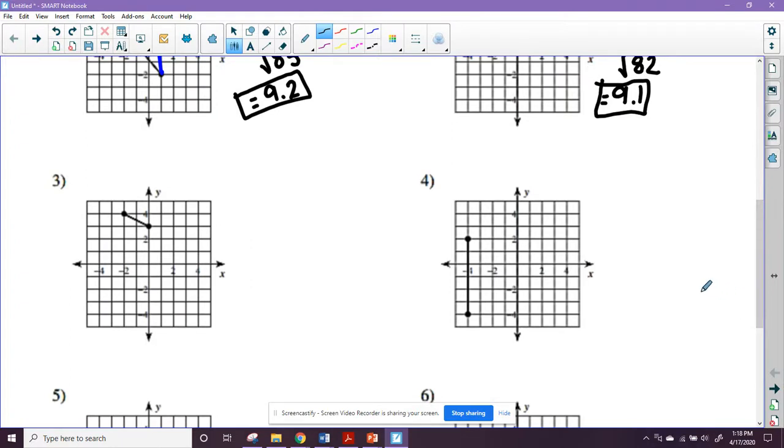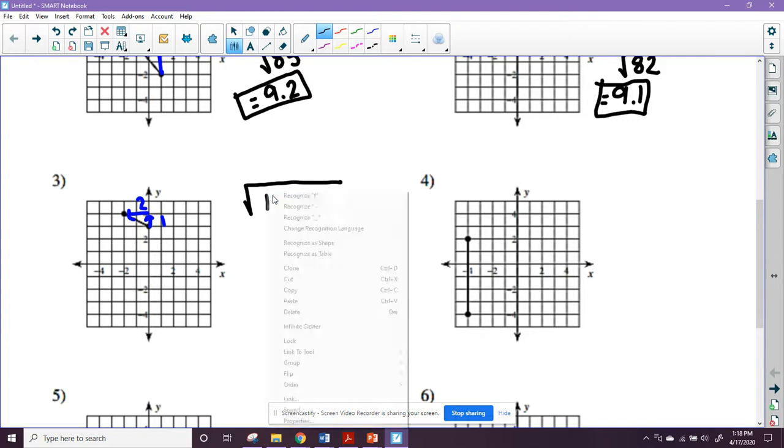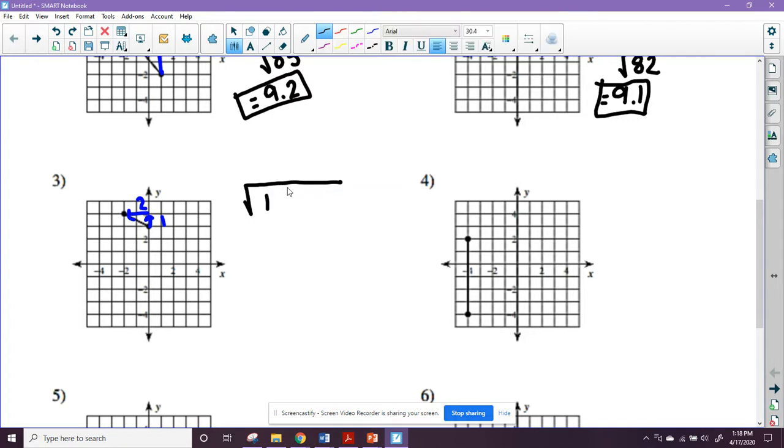Okay, let's look at number 3. Let's find our rise and our run. So our rise, we are going up 1. Our run is 2. So we're going to do the square root of our rise, 1 squared.